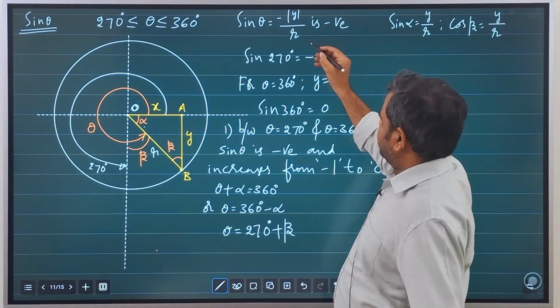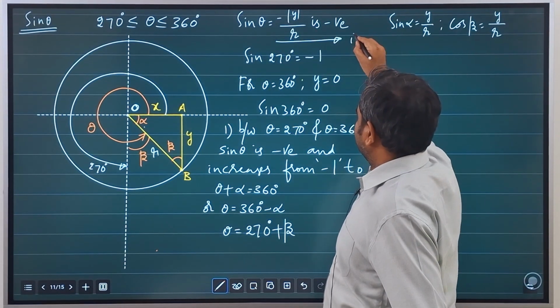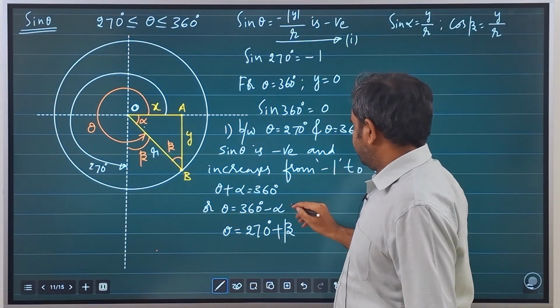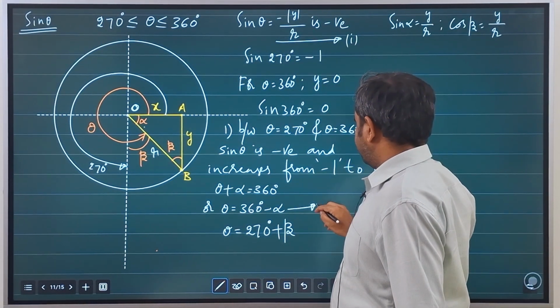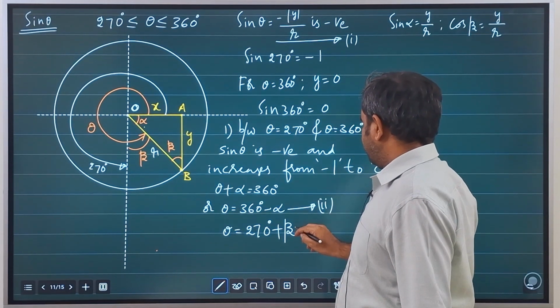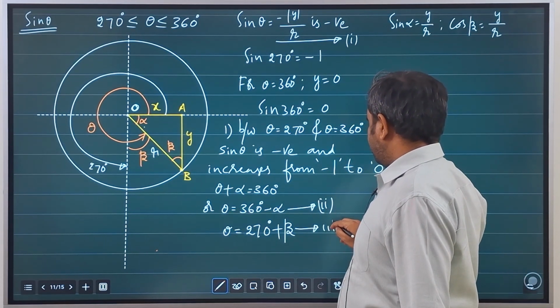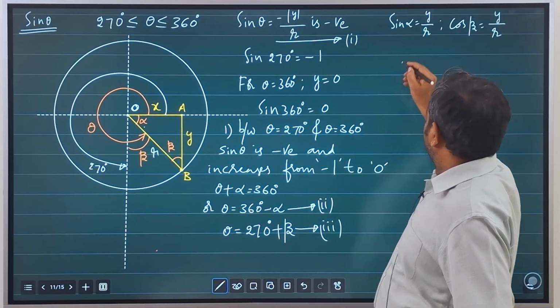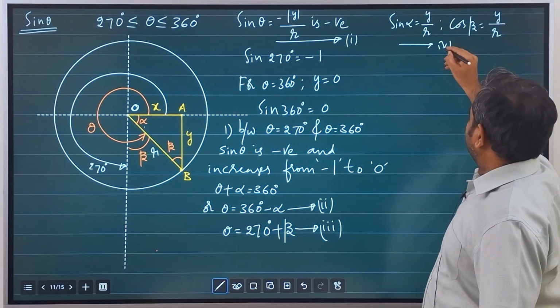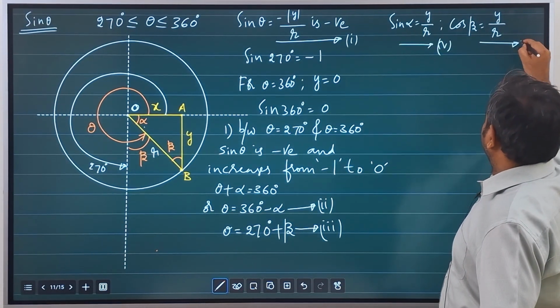From these equations, let me call this equation 1, here is the second one, the third one, the fourth one, and the fifth one.